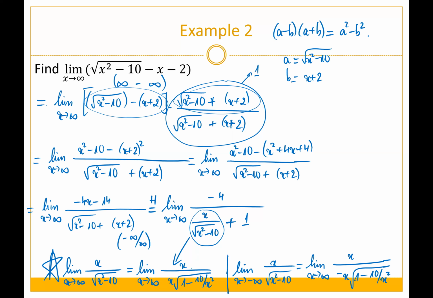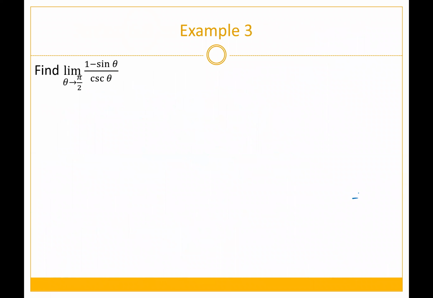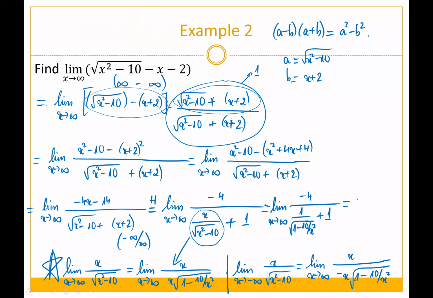So what you have left is 1 over, I'll write here, limit of x approaching infinity, negative 4 over the square root of 1 minus 10 over x squared, plus 1. Now, for 10 over x squared, when you plug in x approaching infinity, 10 over x squared approaches 0. So you have negative 4 over 1 plus 1, which is negative 4 over 2, which gives us negative 2.